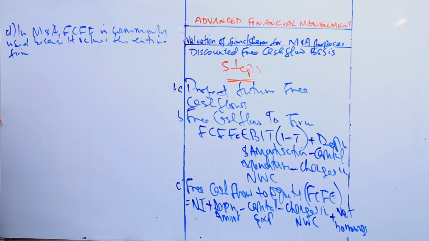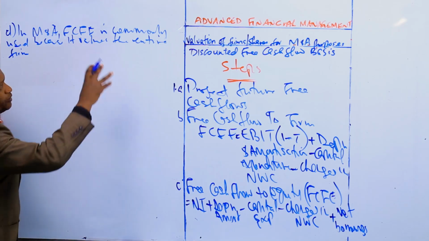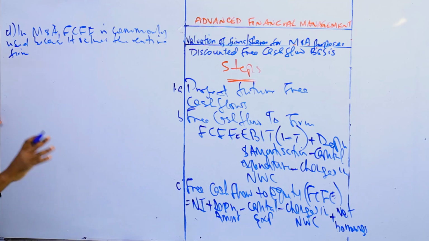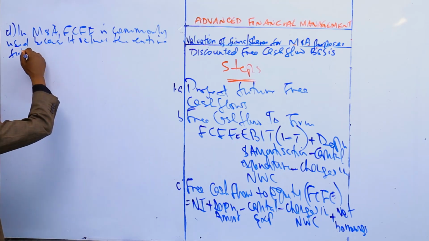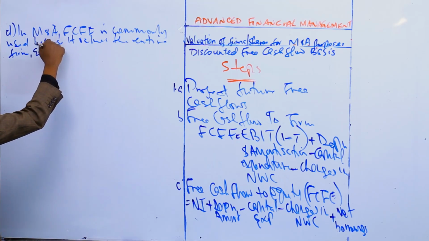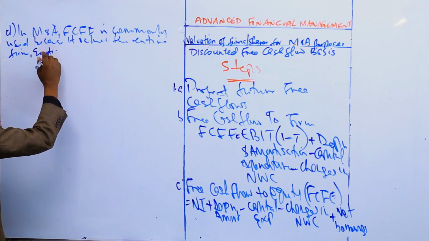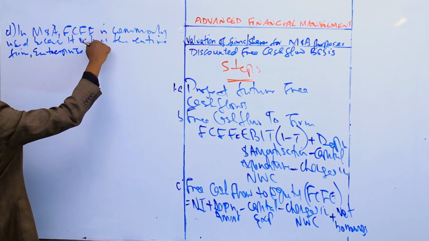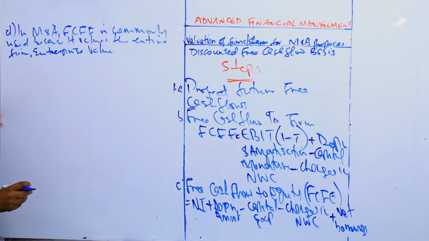You understand, candidates? The free cash flow to the firm is commonly used because it values the entire firm, what we are calling the enterprise value. After arriving at the enterprise value, you adjust for net debt to arrive at equity value.